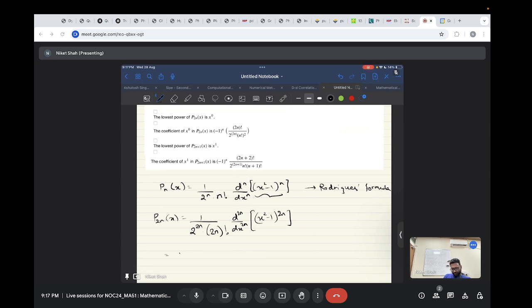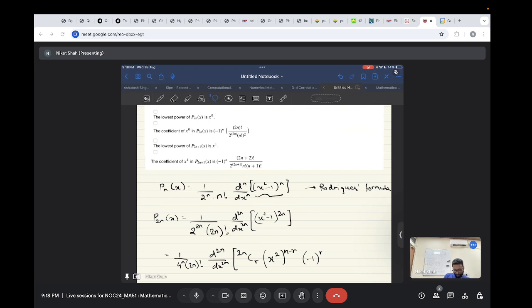So, 1 over 4 raised to n, 2n factorial, d power 2n by dx power 2n, and we'll do binomial expansion: 2n c r, x power 2n minus r, minus 1 raised to r.